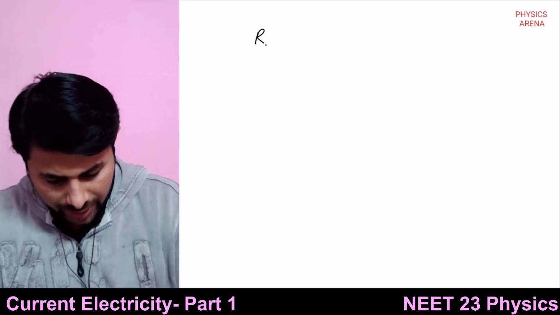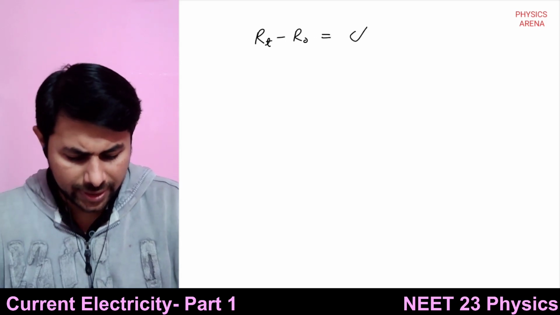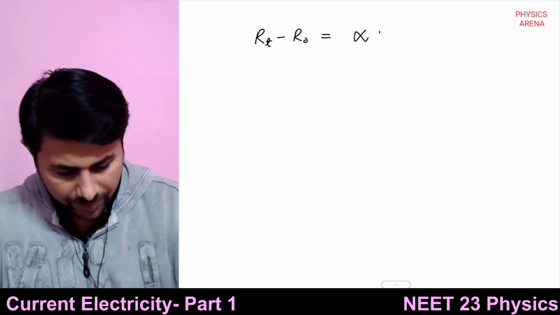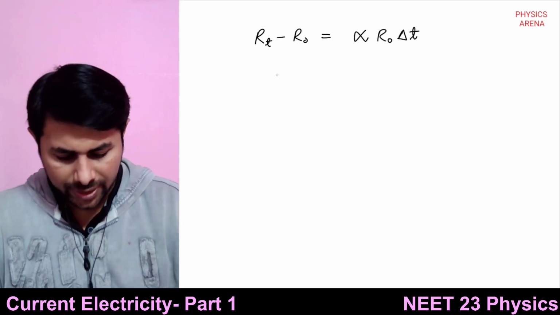RT minus R naught is equal to the constant alpha times R naught times delta T, and you can move that R naught to the other side.